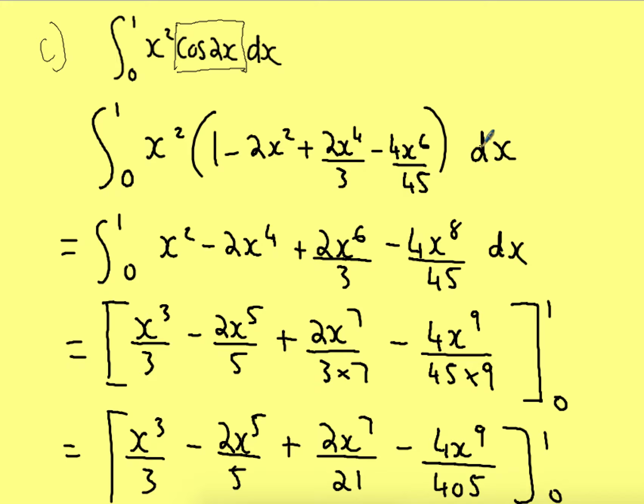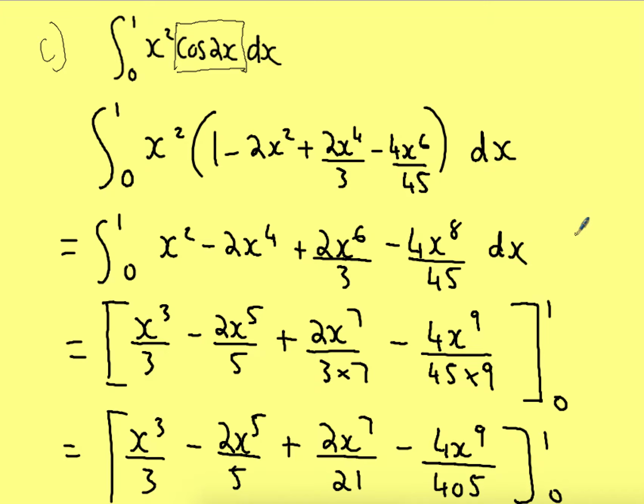Although integration by parts is relatively straightforward, it's a wee bit longer, bearing in mind we've already worked out what cos 2x is. So I put cos 2x in here, and we're multiplying that by x squared, and we multiply through everything by x squared till we get here.